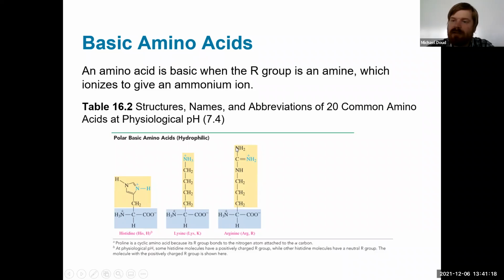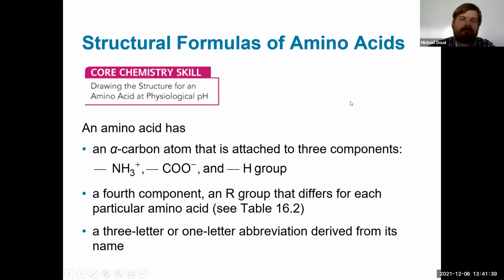One nitrogen it's single bonded to, the other nitrogen it's double bonded to. And at physiological pH, the one that it's double bonded to is going to be protonated. So again, that's our arginine structure here. Finishing up here, lysine is abbreviated LYS or K, and then arginine is abbreviated as ARG or R.